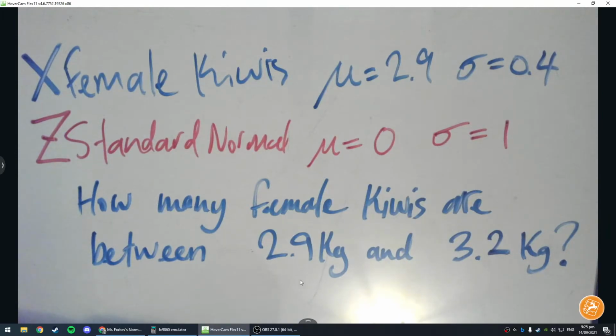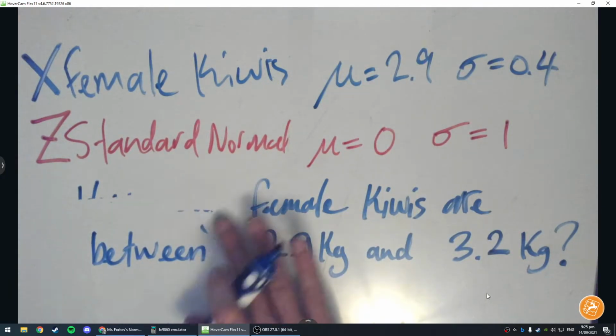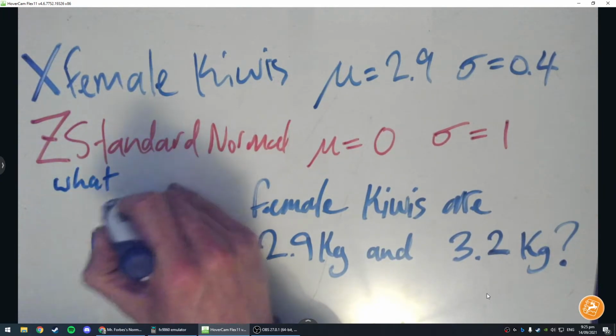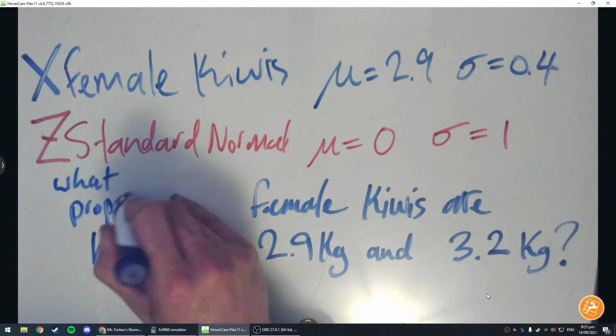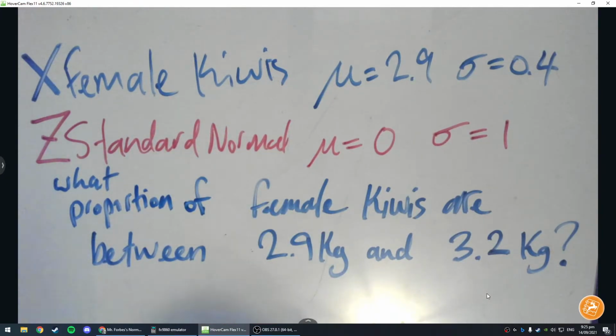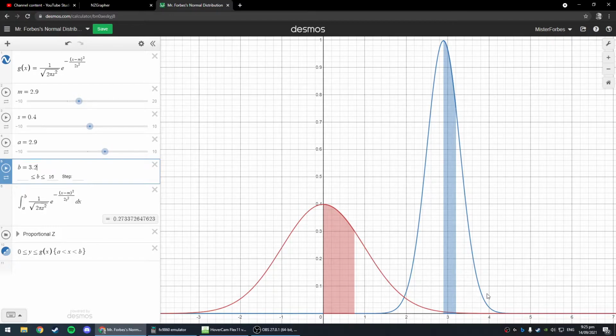How many female Kiwis are between 2.9 kg and 3.2 kg? Oh, it's a bit misleading. I'm going to change the question to what proportion? Because we're looking at probabilities right now, and we don't actually have a sample size or anything that we're talking about, so we can't really deal with it.